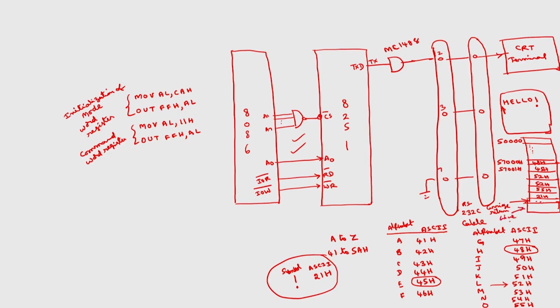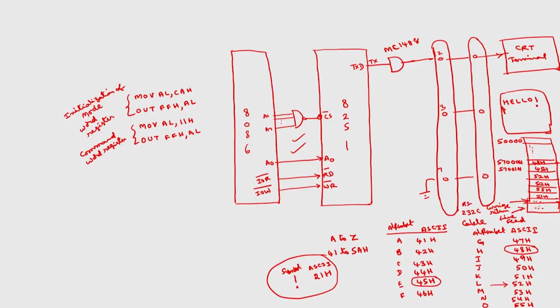I will discuss what these two signals are. The codes corresponding to them you can refer to in the manuals of the CRT display that we are going to use; we have the corresponding ASCII codes for carriage return as well as line feed. So, these values you have to load. Totally I have loaded 8 different values: 1, 2, 3, 4, 5, 6, 7, 8. So, the last address here will be 57007H.